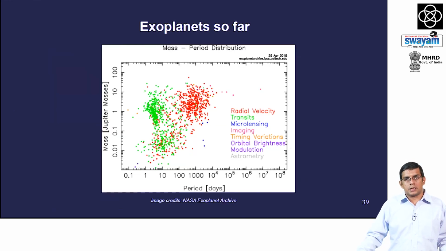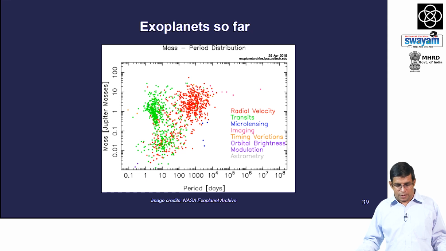If we look at the distribution of planets in terms of their mass and period, that is the mass and orbital radius also, because the period is related to the orbital radius by Kepler's law, we find that most of the planets that we have detected so far have periods between 1 day and 1000 days or a few thousand days, and the masses are more concentrated towards Jupiter or Neptune masses.